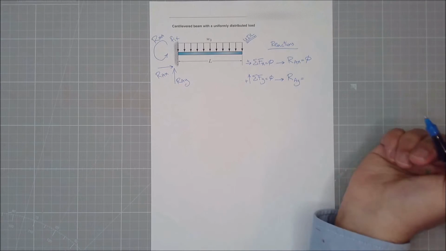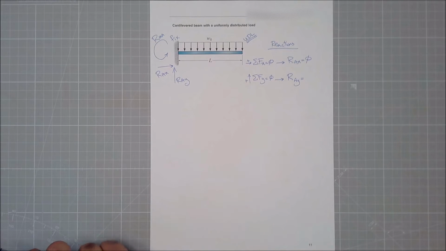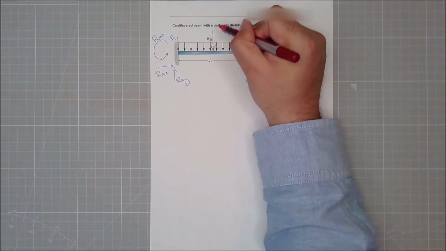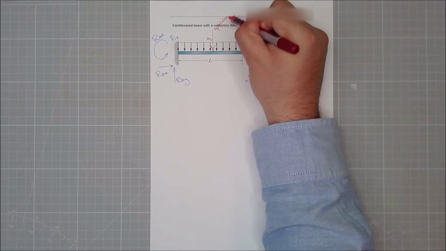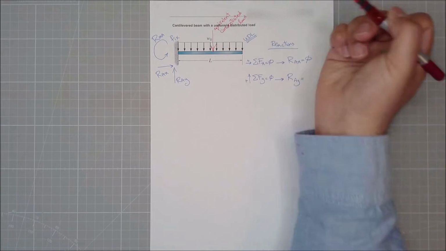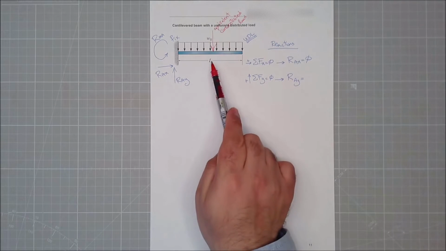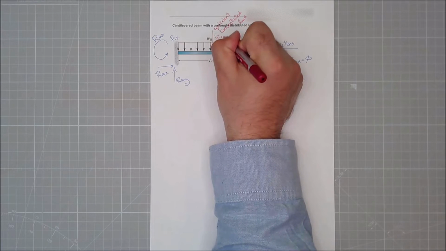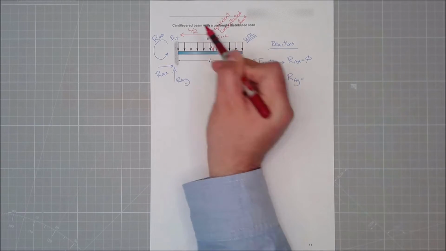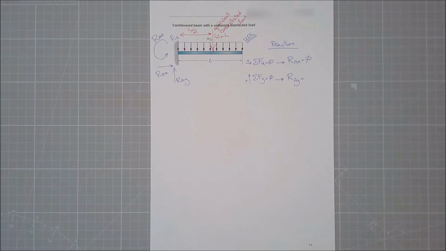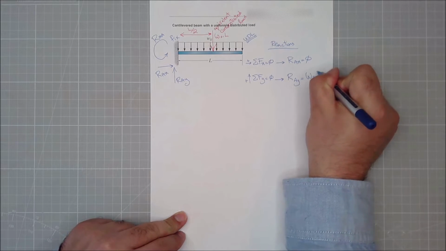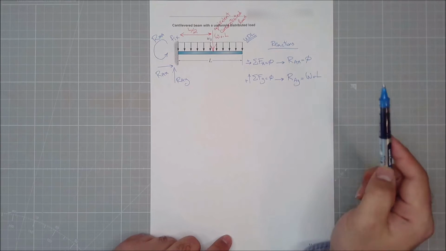RAY is equal to this uniformly distributed load, which we said we can replace with an equivalent concentrated load, which is equal to W0 times L. Where is it located? At L divided by 2, because it's a rectangular load. So if this is going up and this is coming down, these two should be equal. So RAY equals W0 L.